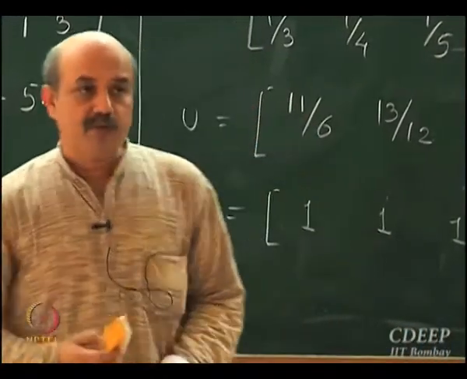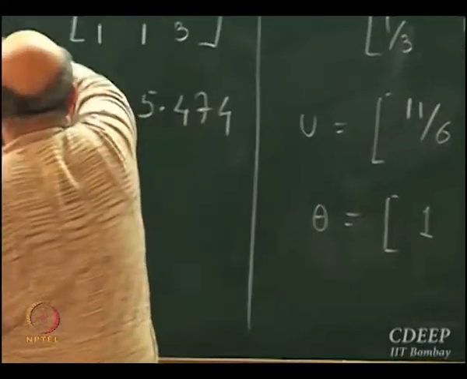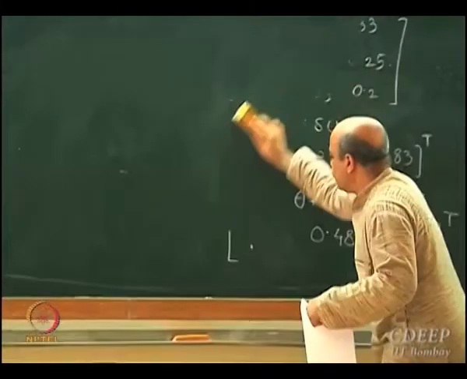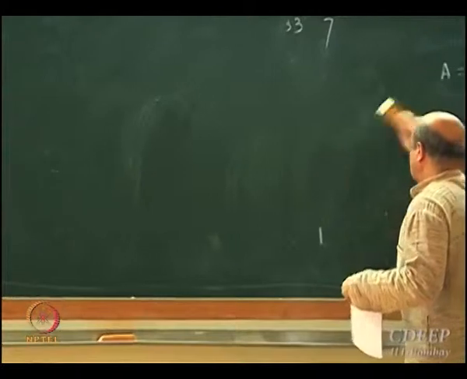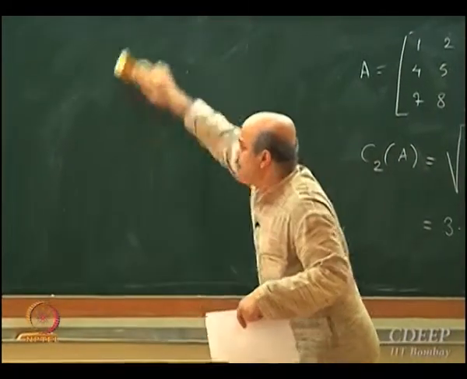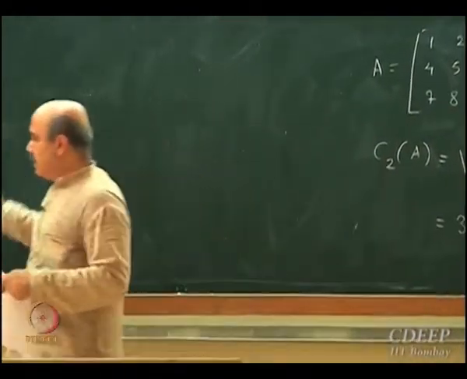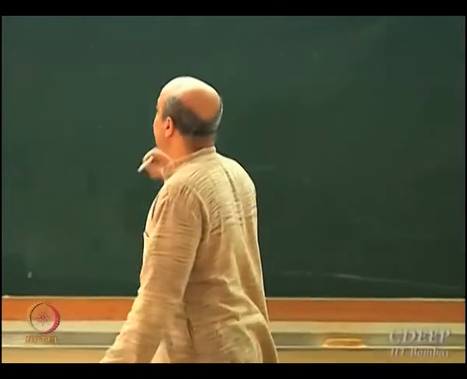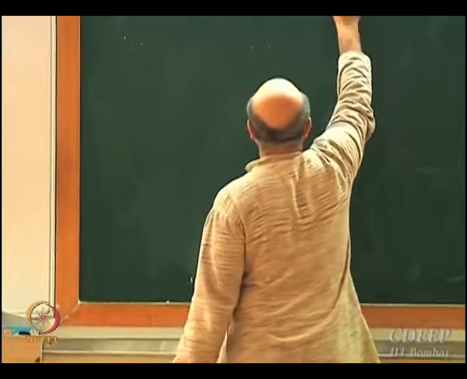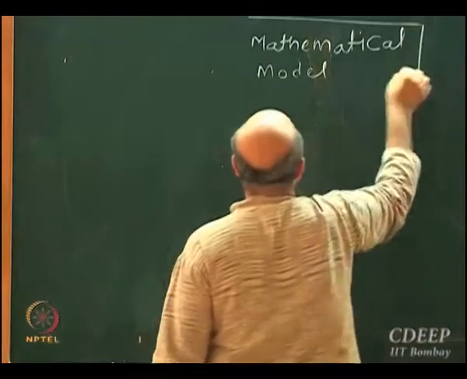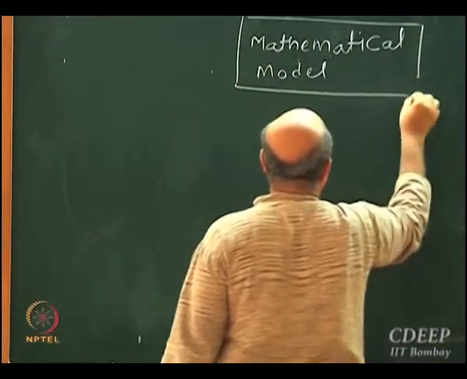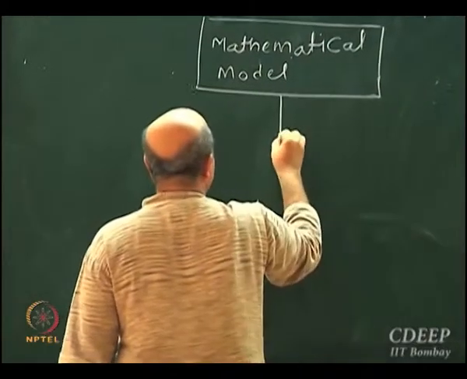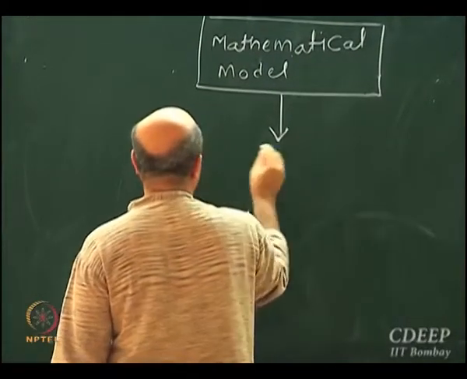So we now start with the next tool. Let me draw the diagram again, just to bring you back to the entire theme of this course. We have this original problem, this mathematical model and some problem which we cannot solve directly.